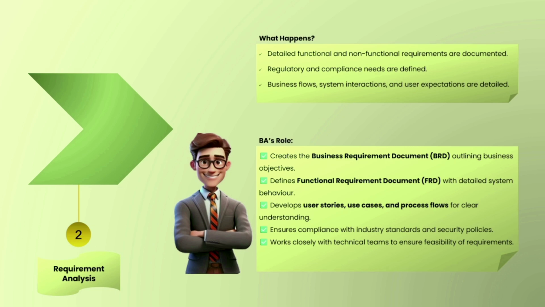If you remember, in the very first video I explained that a BA should have IT and business knowledge. So point number 4 is about ensuring compliance with industry standards and security policy. Here the BA should know what the banking standards are.